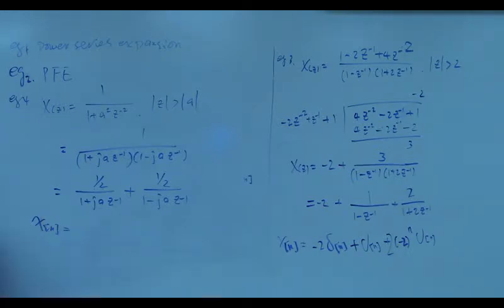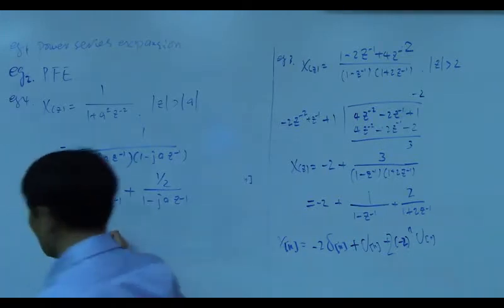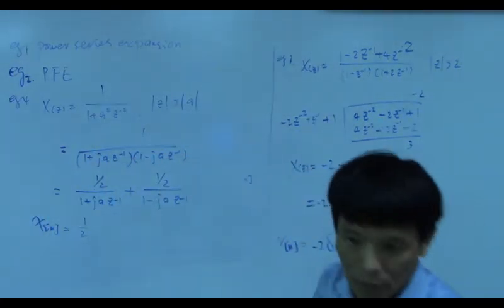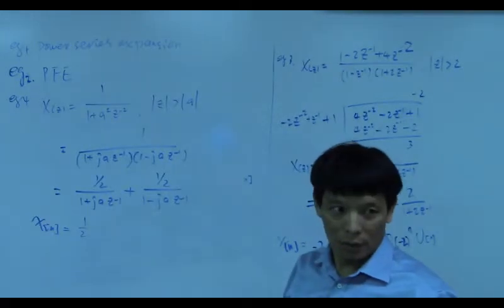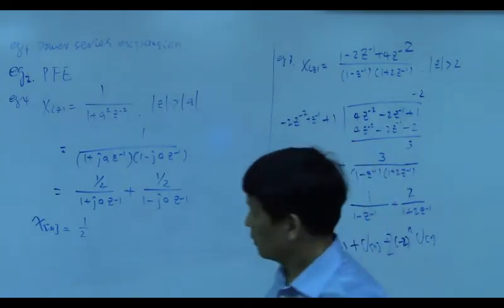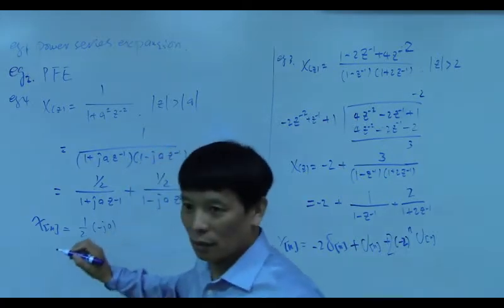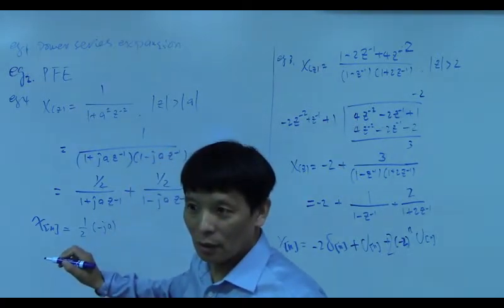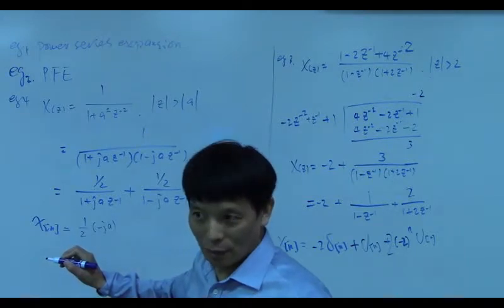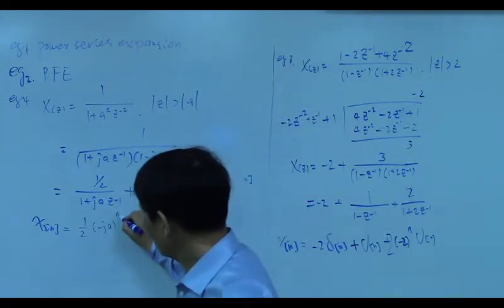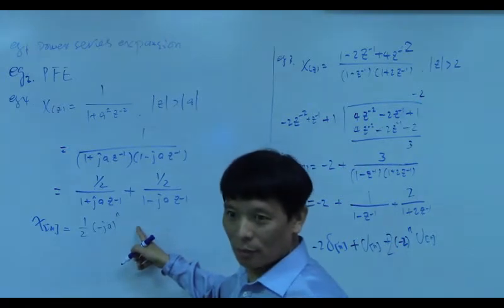Because the region of convergence is outside of the circle, so this one will be half a to the n. What is a? Negative ja. To the n times un.